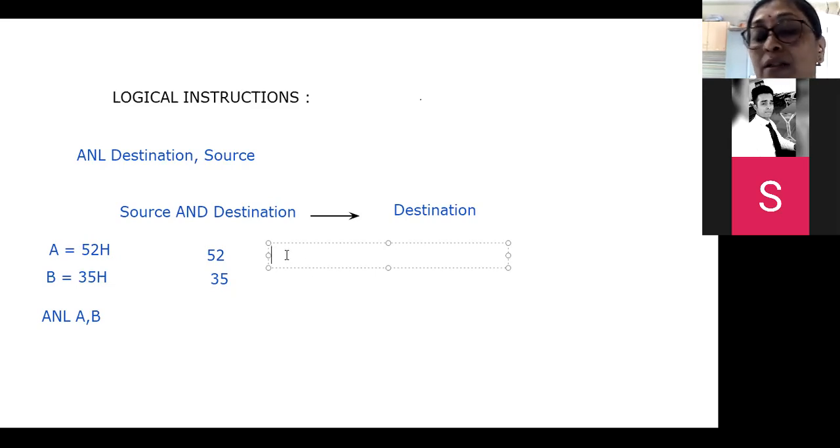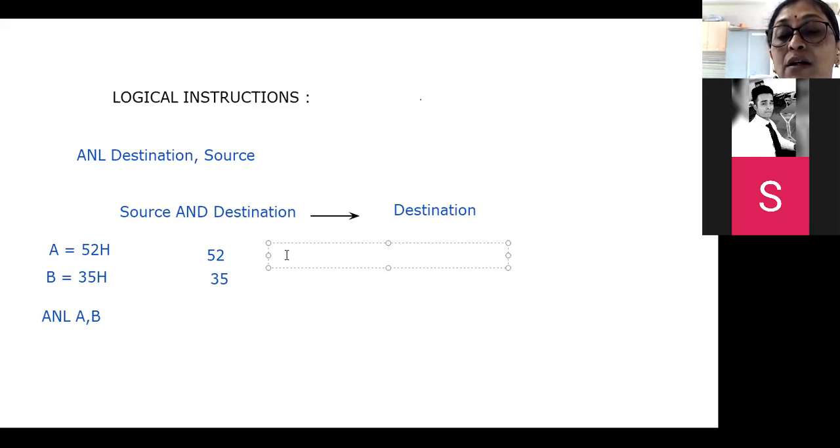Tell me, students. You have to write a 4-bit binary number for 5 and a 4-bit binary number for 2.